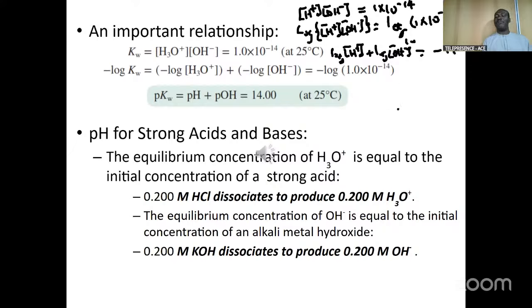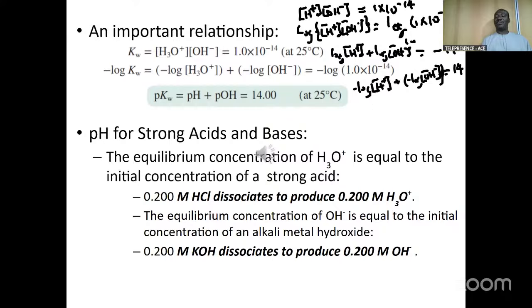Multiplying all through by minus 1, so we have minus log of H plus minus log of OH minus will then be equals to 14.